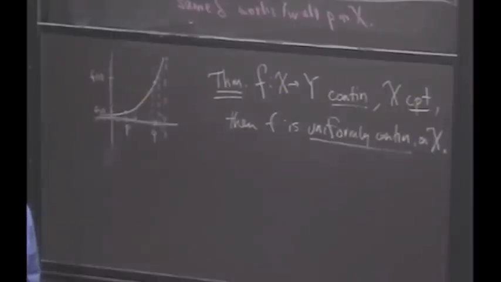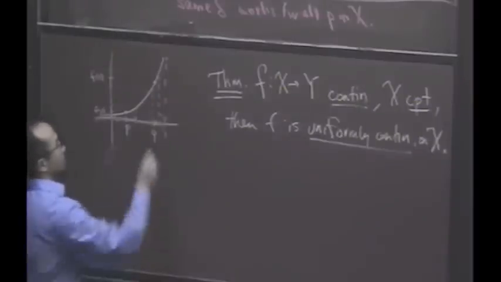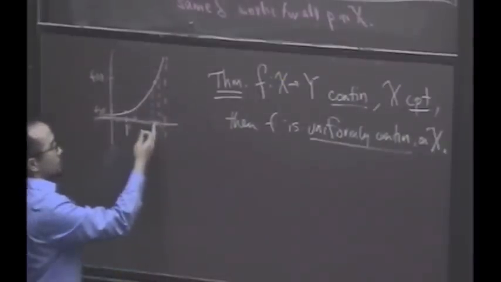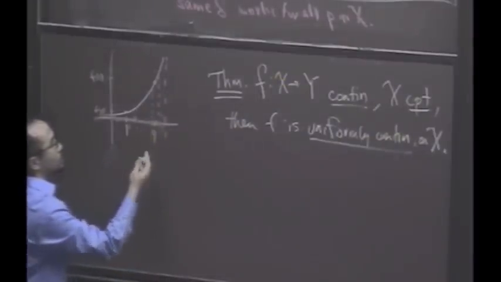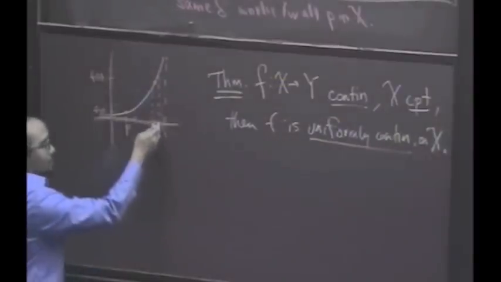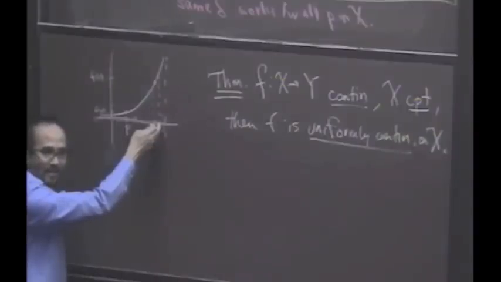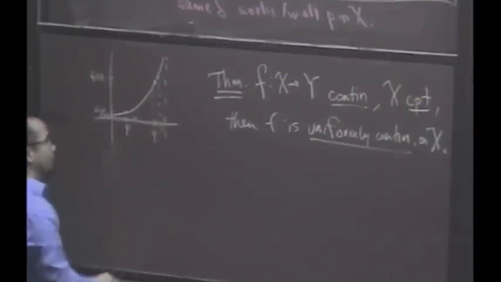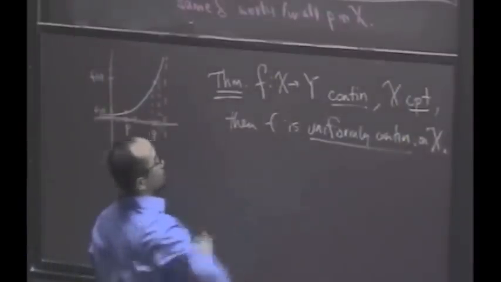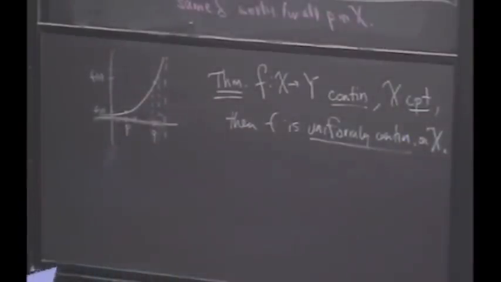Why? If I'd stopped this domain right here, what delta would work for every point? The delta that worked at this end point, right? That would work everywhere to the left. So this sort of gives a hint as to what's going on with this theorem.